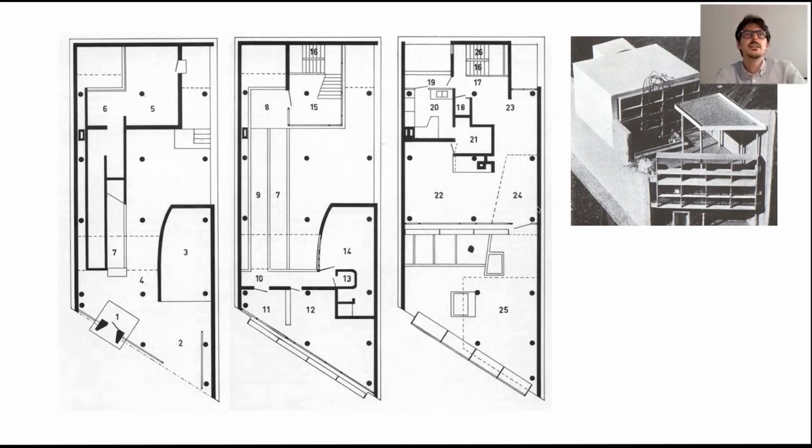These are the 3 levels that constitute Le Corbusier's house in La Plata. As you see here in this plan, this is the building. This is the model of the building. And here you see that inside the rooms numbers were placed, and each number refers to a specific room.